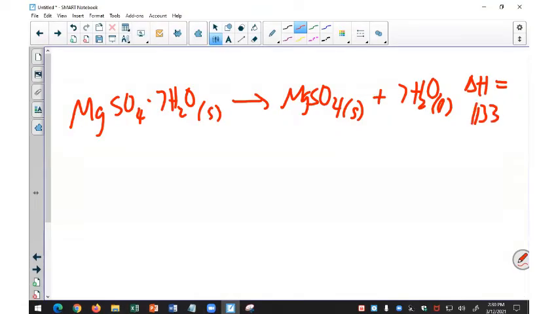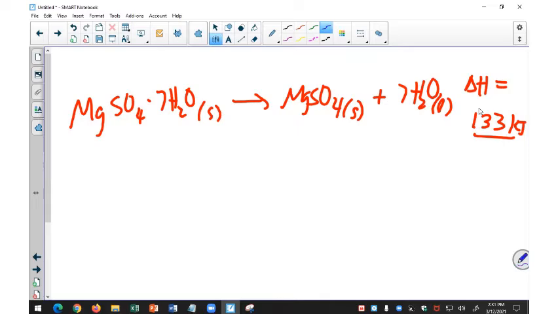I'm just going to put 133. You can do this calculation in Excel anyway. So 133 kilojoules. Does that make sense though? Removal of water from your hydrate, should that be a positive delta H? Does it need to absorb heat to get the water to leave? Okay, so that should be endothermic, so you know it's a reasonable answer, at least algebraically.